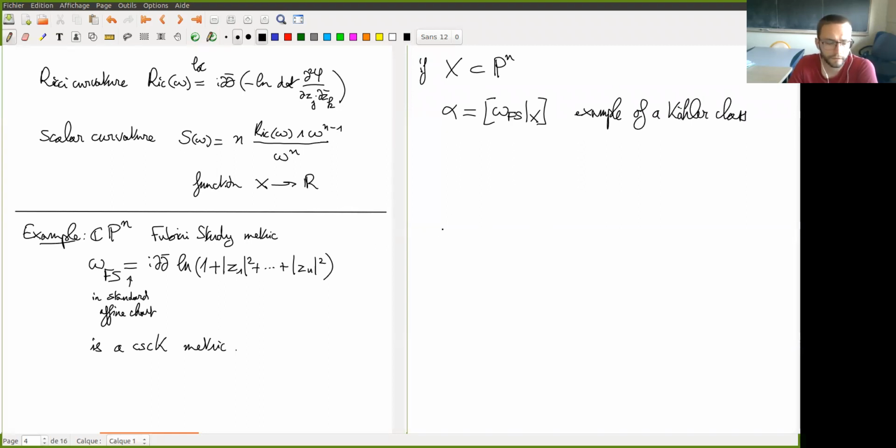And then what I mean by a polarized manifold is that this situation actually corresponds, almost, up to a multiple, to giving yourself an ample line bundle on X, by the Kodaira embedding theorem.